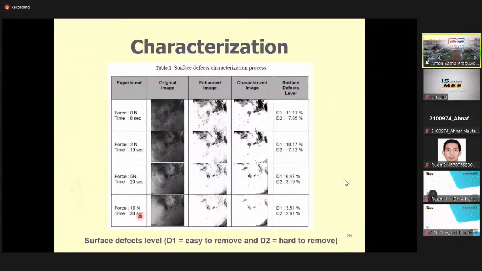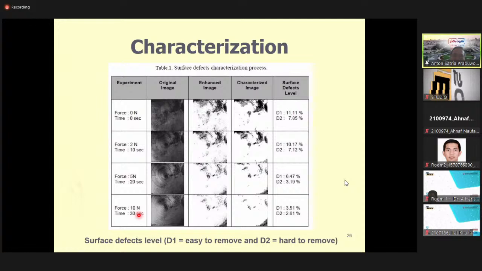When we increase the force to the maximum of 10 Newton and the time duration of polishing to 30 seconds, we got 3.51 for the easy-to-remove defect, and the hard-to-remove D2 became 2.61. So this is actually the final result, because if we increase beyond 10 Newton, the process will stop, because it becomes too tight for the polishing process.